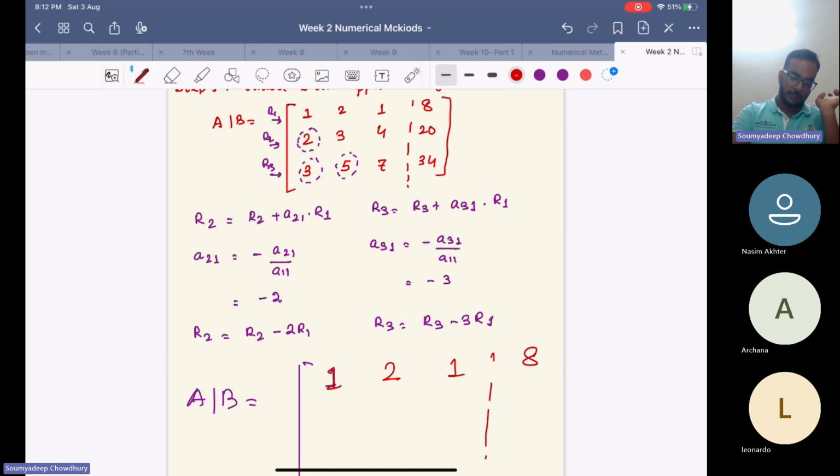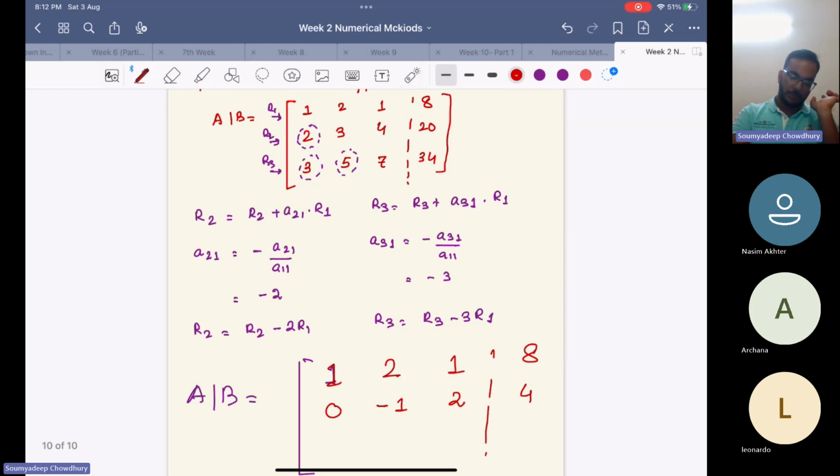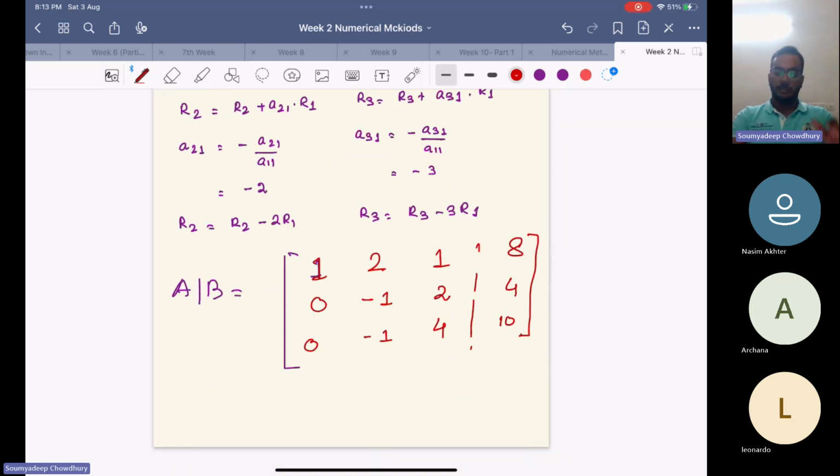So 2 minus 2 is 0, 3 minus 4 is minus 1, 4 minus 2 is 2, and 20 minus 16 is 4. And R3 is R3 minus 3R1. So 3 minus 3 is 0, 5 minus 6 is minus 1, 7 minus 3 is 4, and 34 minus 24 is 10. Is the first step clear to everyone?